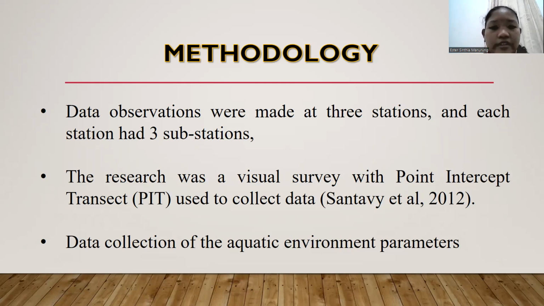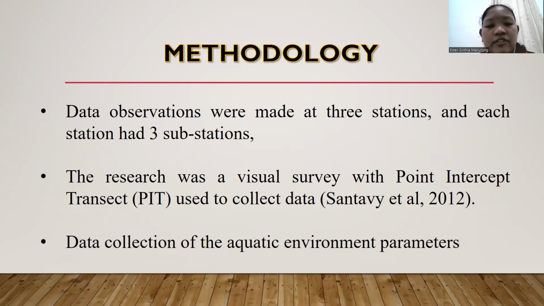Observations were made by stretching a measuring tape with a length of 50 meters, drawn horizontally or parallel to the coastline at each station observation point. Transects were placed at three different depths, namely 3, 5, and 7 meters.